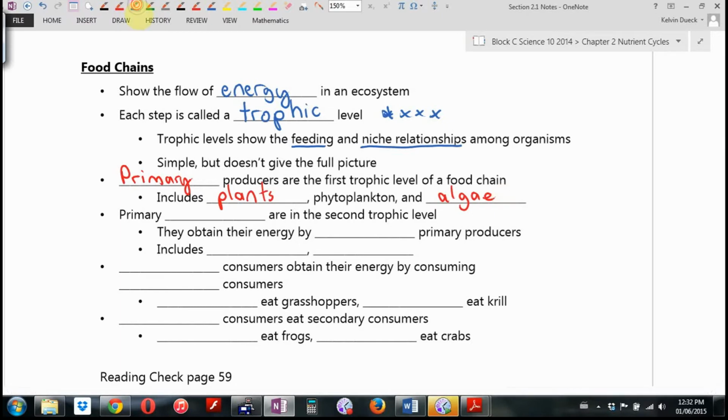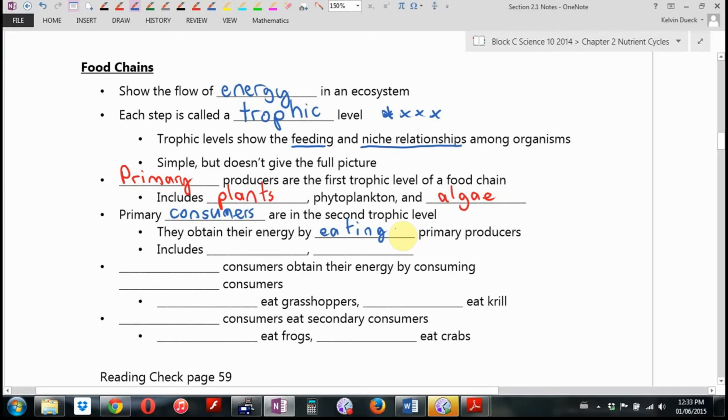Then, on the second level, we have primary consumers. Primary producers are on the first level. Primary consumers, this is your first level of stuff that eats the stuff below it. So they obtain their energy by eating, ingesting, if you want the fancy word, consuming primary producers.